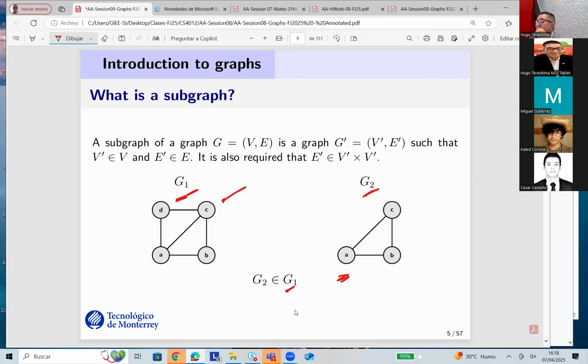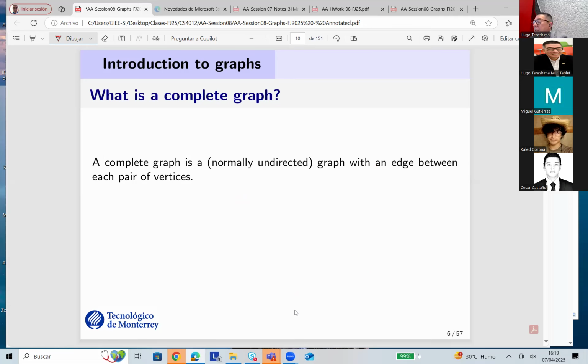So I select a number of nodes, and then the corresponding edges connecting those nodes. So this is a subgraph. It's just a segment. That is an easy concept, but it is important.